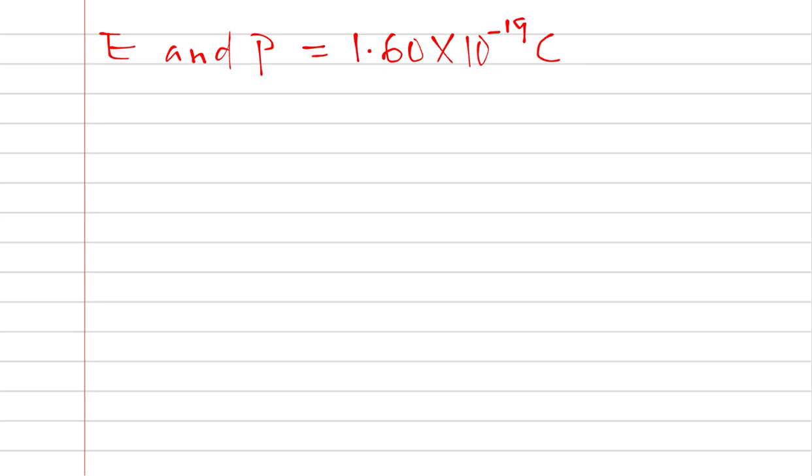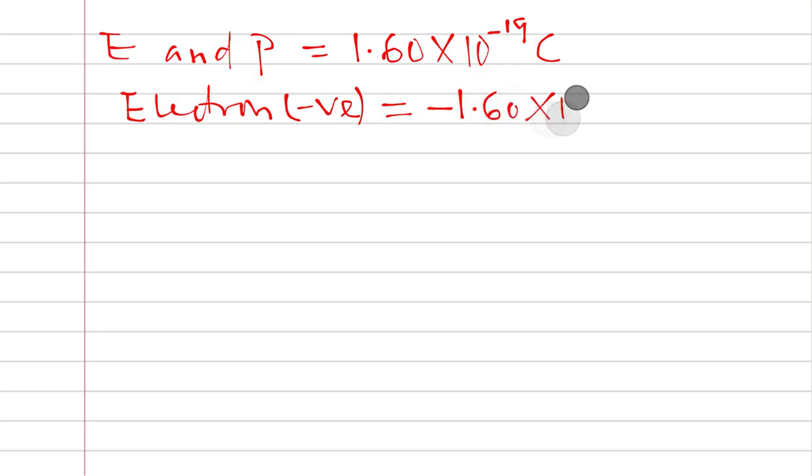But now when we come to distinctiveness, how can you differentiate them? We said electron is negatively charged. So that means the magnitude of electron is minus 1.60 times 10 raised to the power minus 19 coulombs. Then from there, I'm sure you are intelligent, you can tell what proton will be.